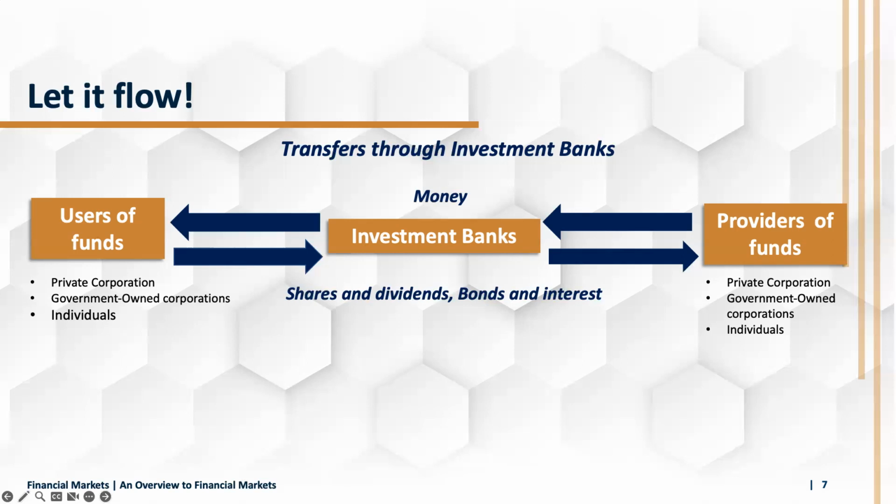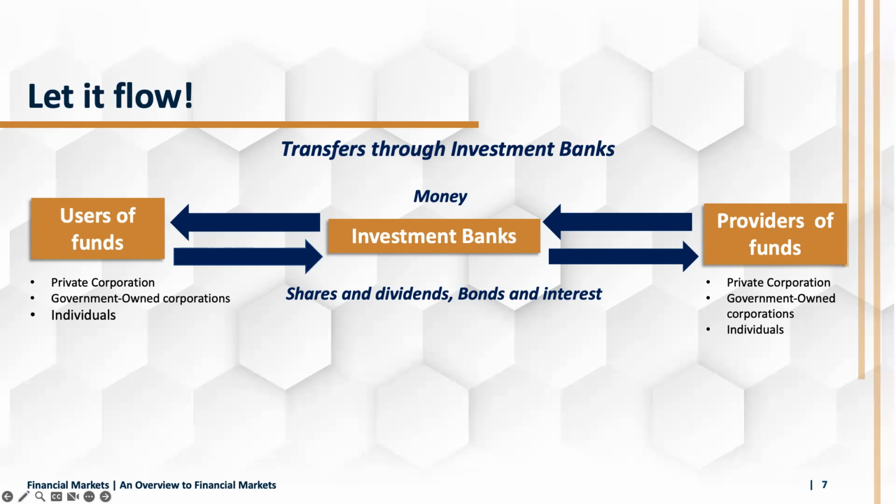Now, you will ask, how do investment banks earn money? If they are pass-through entities, of course, there are fees charged by investment banks from any of these transactions. That's how they earn money. All right? So, investment banks act as the middleman in this case. So, investment banks will face the providers of funds and provide them with the stocks and the bonds.